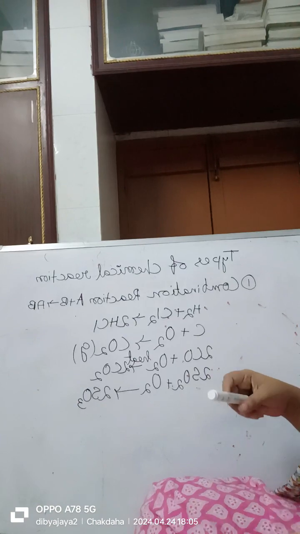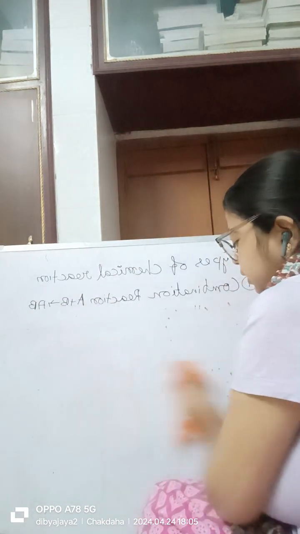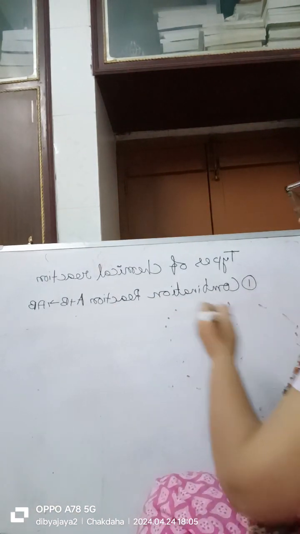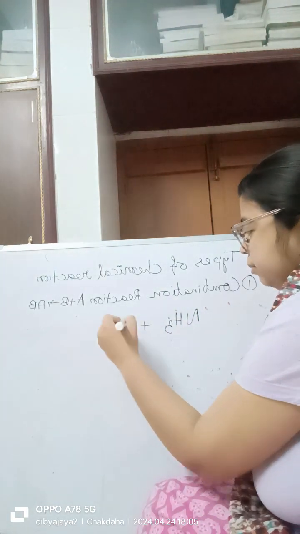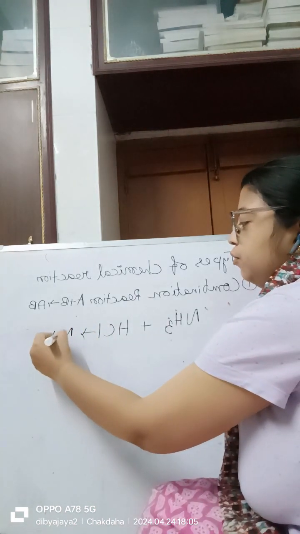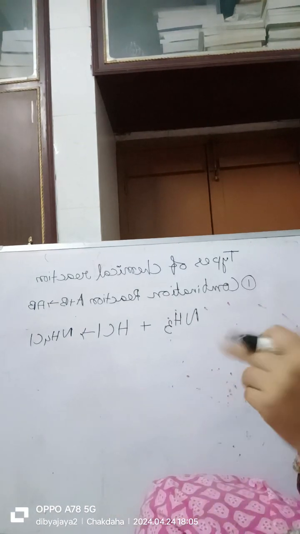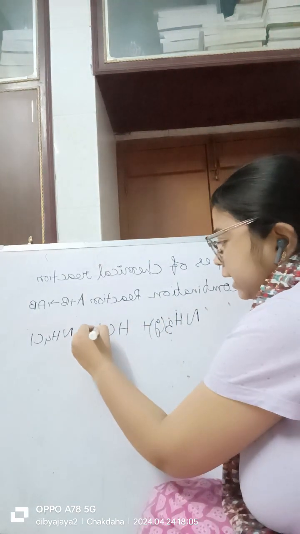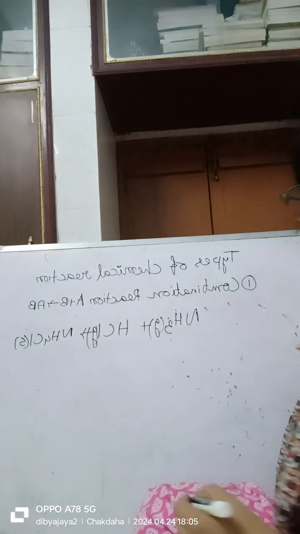One more example, very well known to us, is the formation of ammonium chloride: NH3 plus HCl forms NH4Cl. The interesting fact is that NH3 is a gas, HCl is a gas, but NH4Cl is a solid.